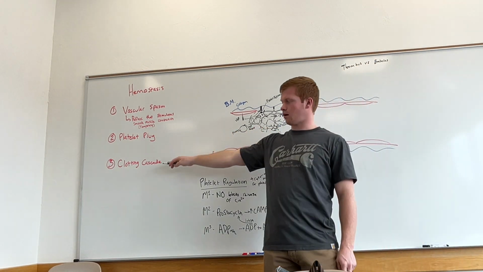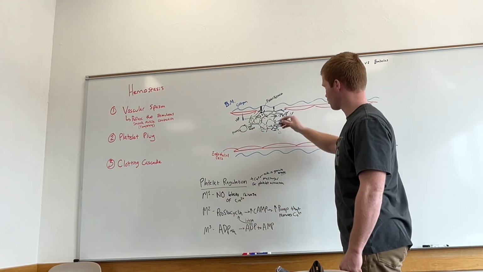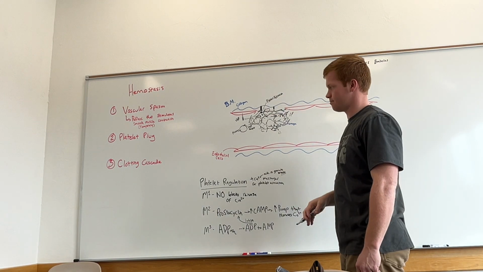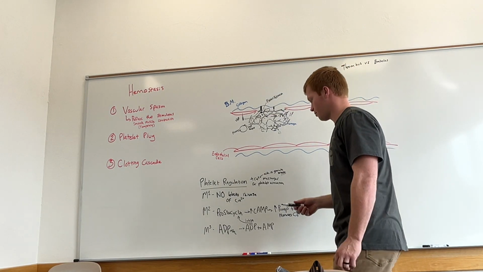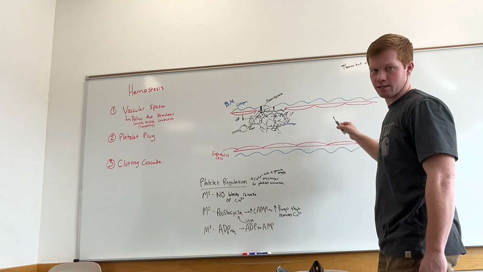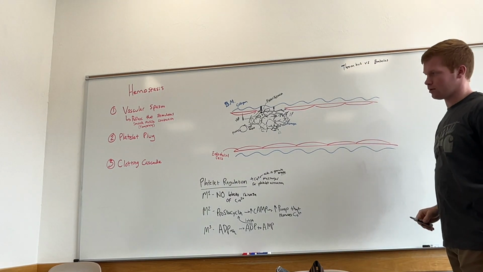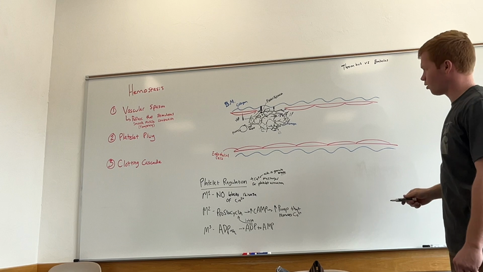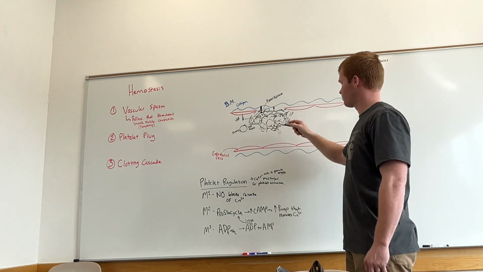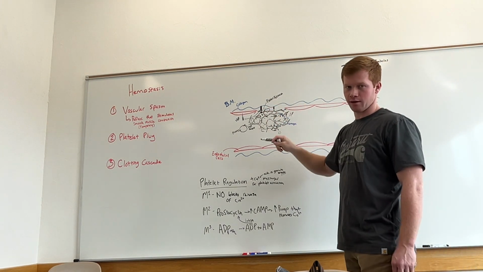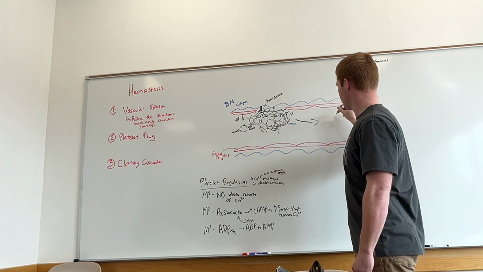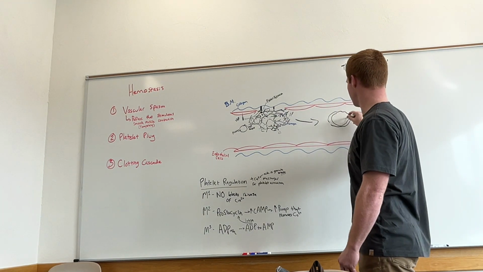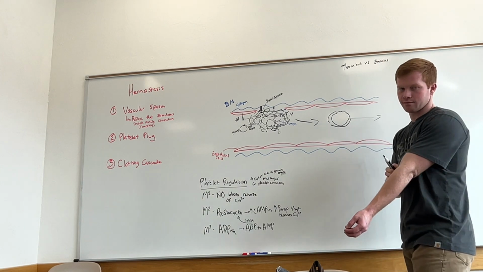The clotting cascade goes right along with this, but I'm not going to have time to cover it right now. I'll do that in a little bit. But a couple things I want to mention here is a thrombus versus embolus. A thrombus is this plug right here. If this plug were to break off and start floating down the blood vessel, that would be an embolus.